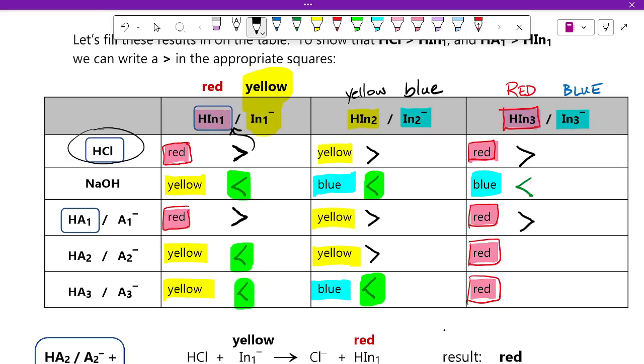Next, Owen, is HA2 greater than? And James, HA3? Greater than. Greater than. Okay. And I'm going to put these in green, and maybe I'll put those other ones in purple, so we can see very easily, color-coded, what we've got.